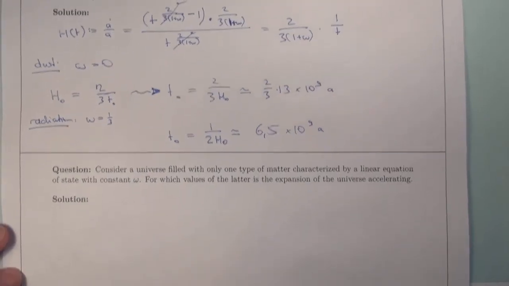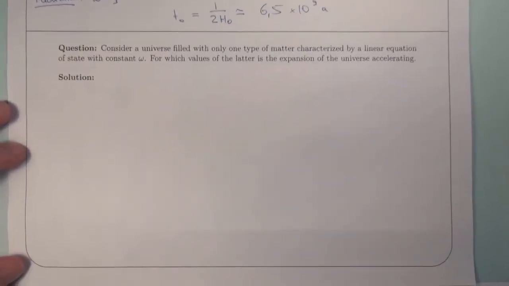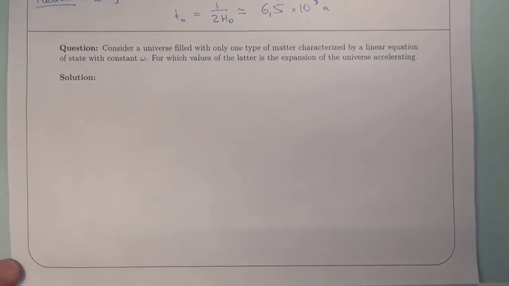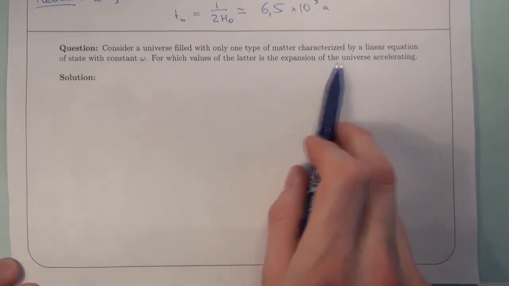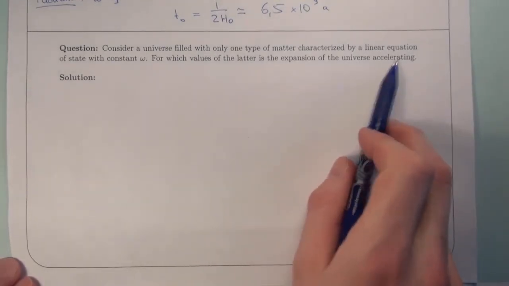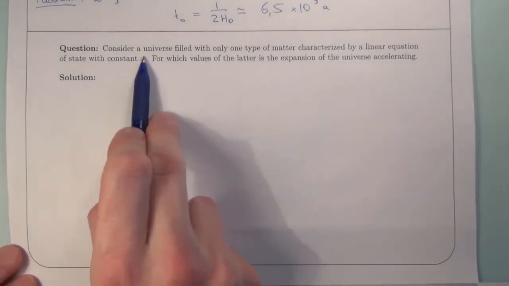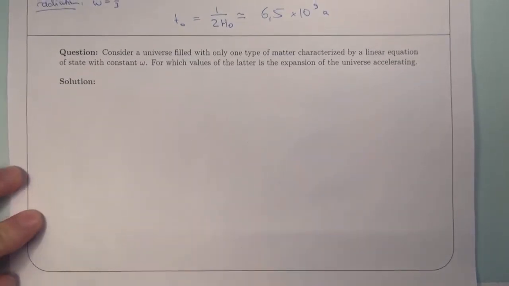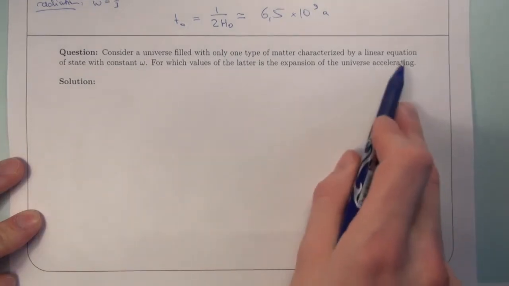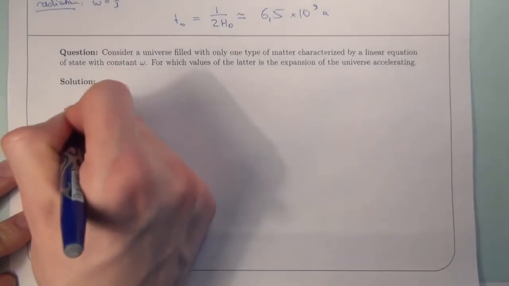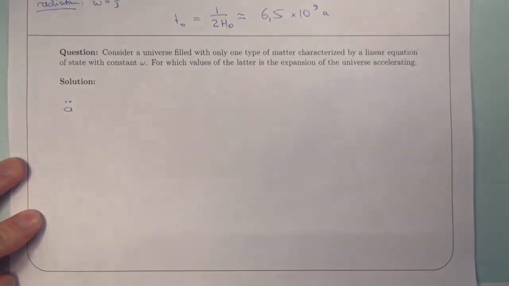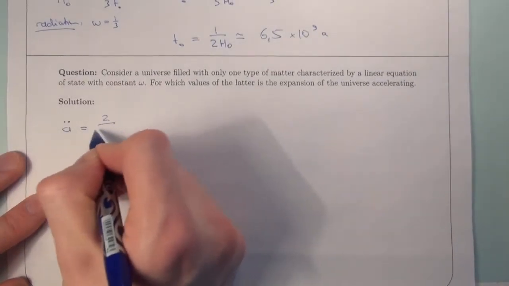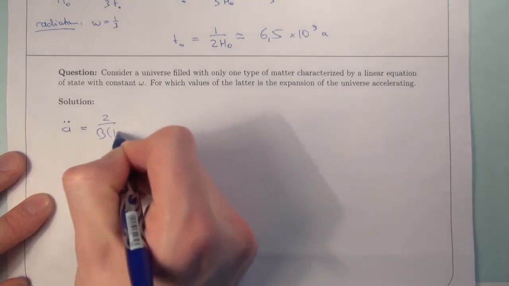Okay, so that's it so far. And the last question is not about the age of the universe, but whether the expansion is accelerating or not. And this will again depend on the omega. And in order to talk about the rate of the expansion, we need to look at a double dot, which is then 2 over 3 times 1 plus omega.